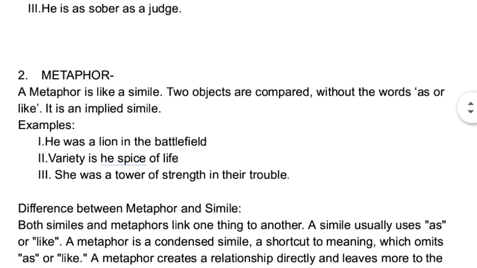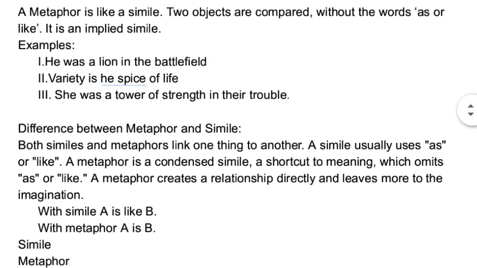He was a lion in the battlefield, so he just looks like a lion. Variety is the spice of life. She was a tower of strength in their trouble. So here we can understand what the metaphor is. I hope you understand the difference between the metaphor and simile.